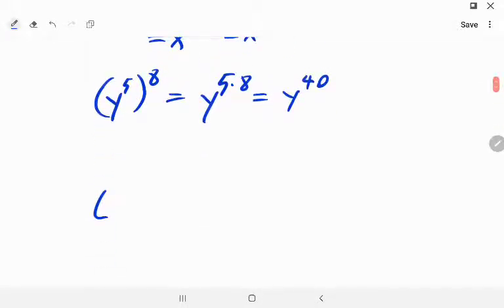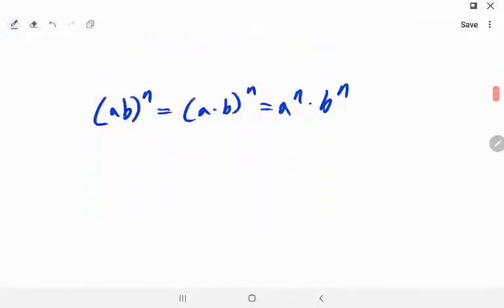Trying to write it out in expanded form is not at all pleasant. So then if we look at something in the form ab to the n, we remember that we're thinking of that as a times b to the nth power, and we know that's going to be a to the n times b to the n.